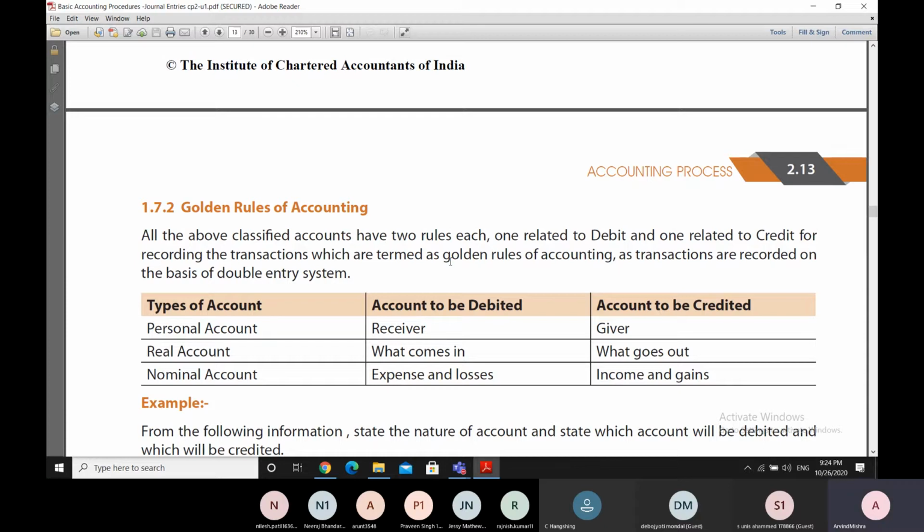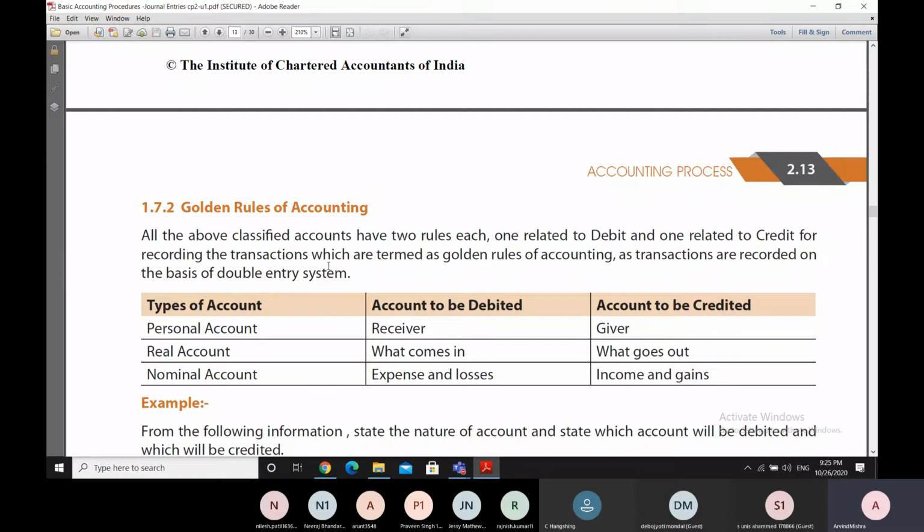All the classified accounts have two rules, meaning each of the classified accounts has two rules. One rule relates to the debit and the other rule relates to the credit for recording the transactions, which are termed as the golden rules. These two rules are called the golden rules of accounting, as transactions are recorded on the basis of the double entry system.